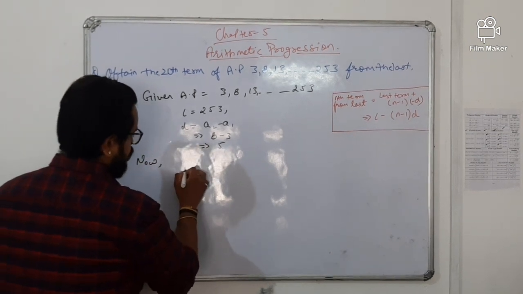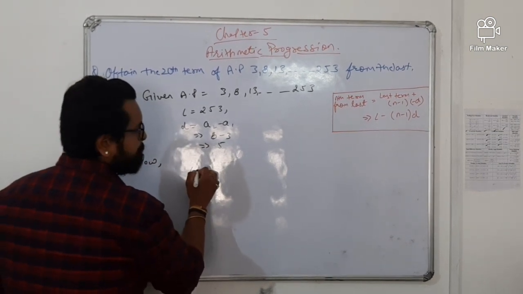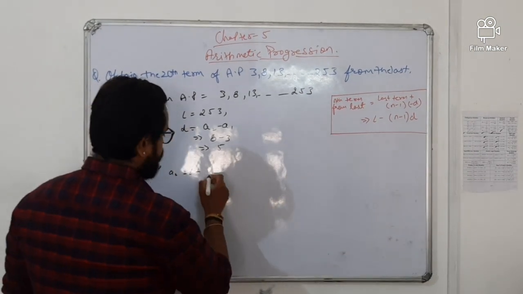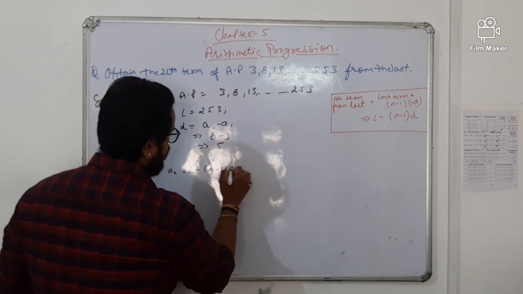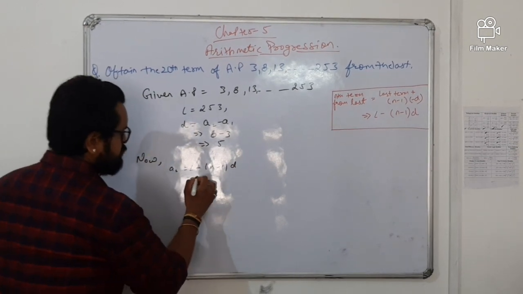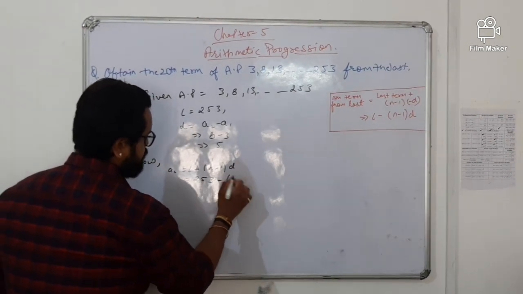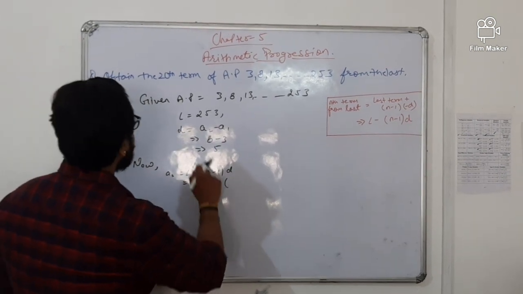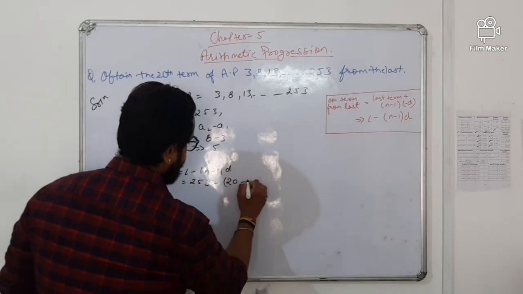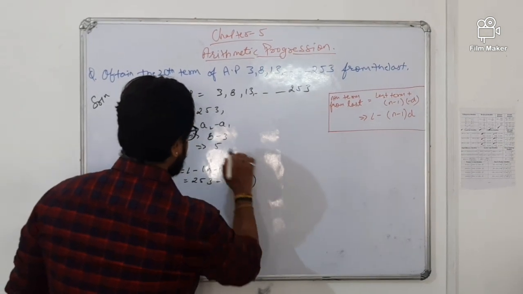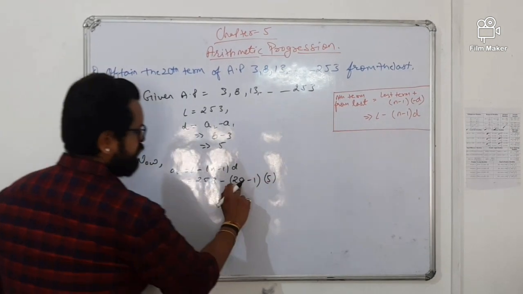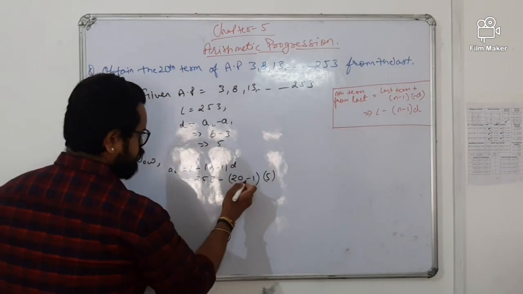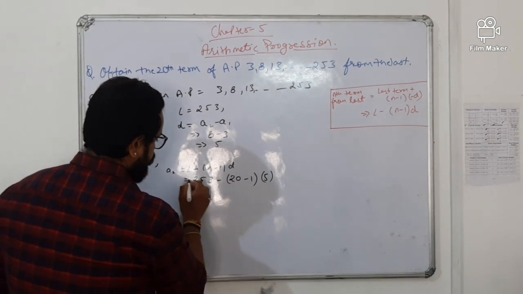Now L minus n minus 1 into D. The value of L is 253 minus the value of n, which is 20, minus 1, and D is 5. The value of n is 20 because we have to find the 20th term.